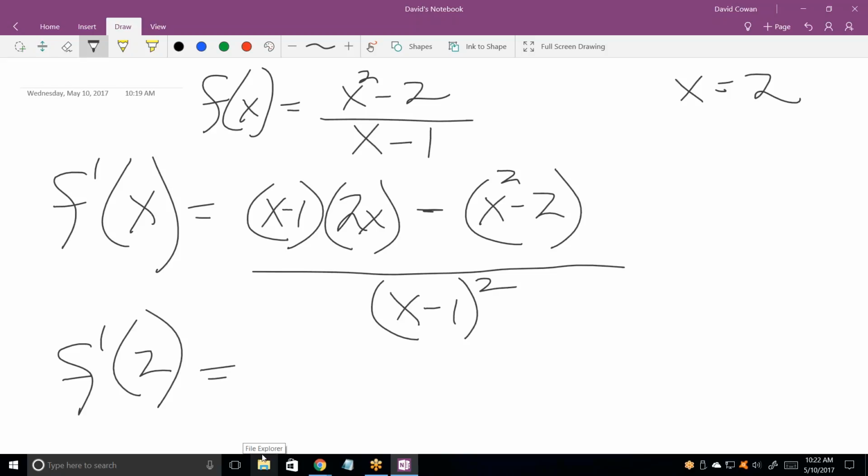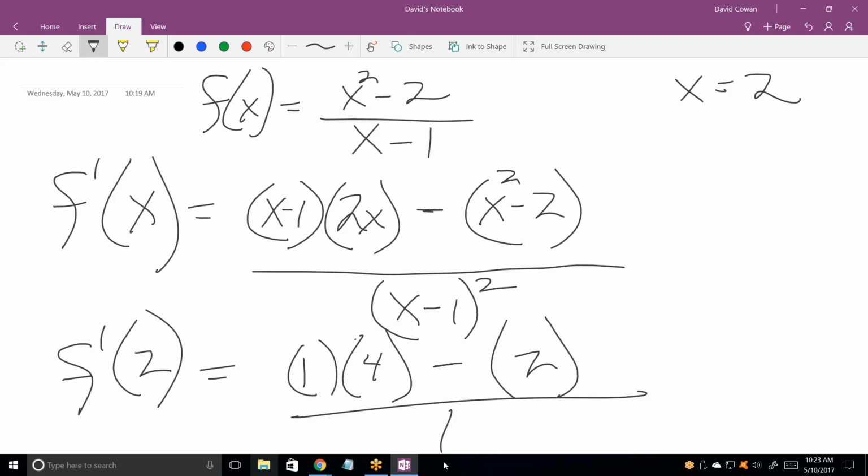Let's just substitute. So we get 1 times 4 minus 2 all over 1. There's less time to solve it than it would have taken to simplify it.